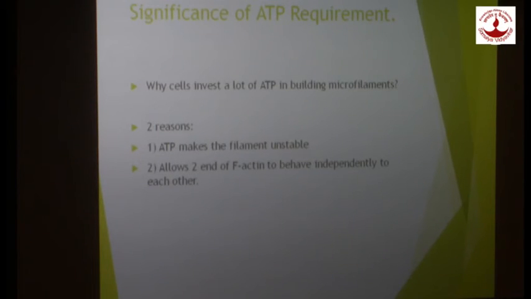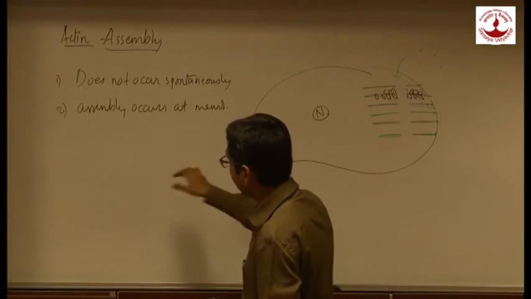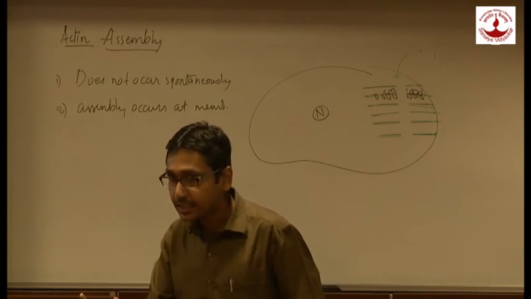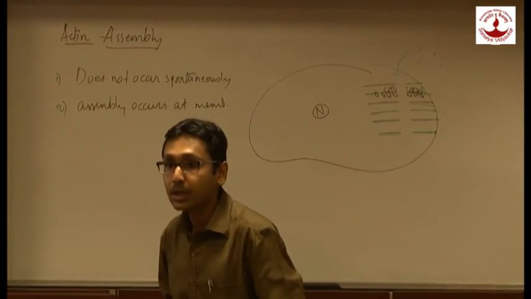First, the ATP acts as a chemical switch. In the diagram that I showed, the cleft was bound to ATP. The ATP actin likes to assemble; it wants to form polymers.